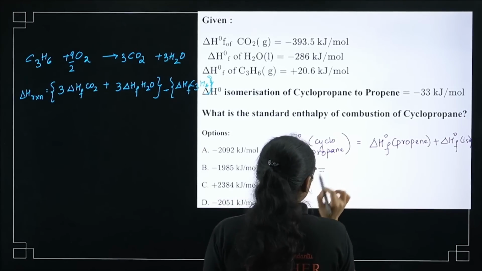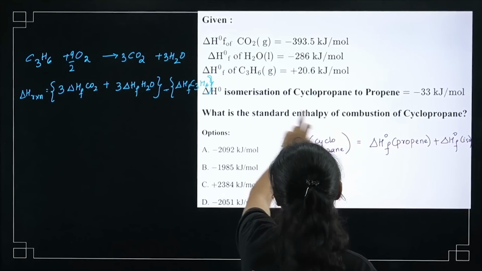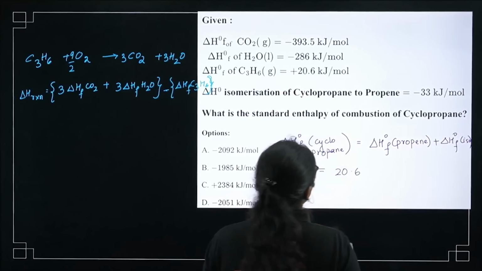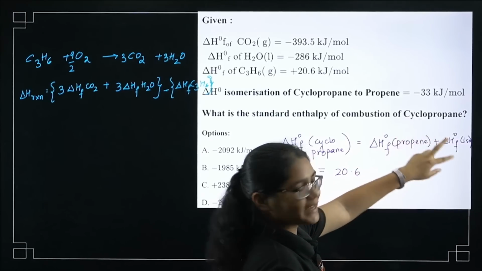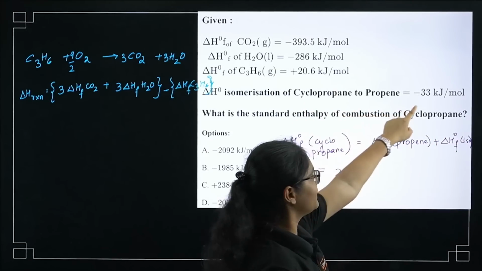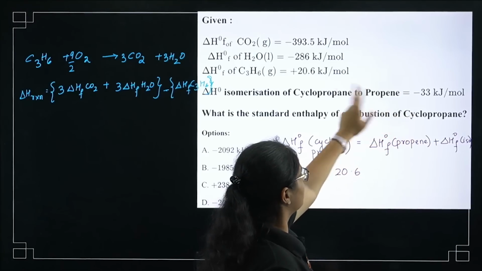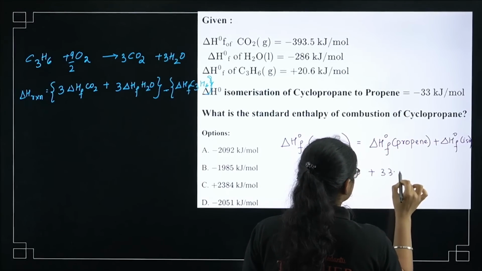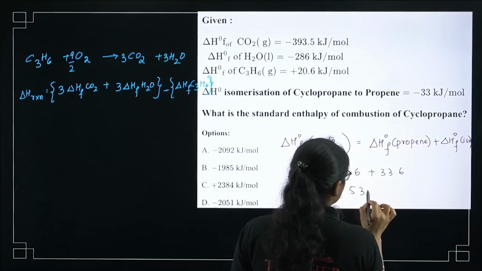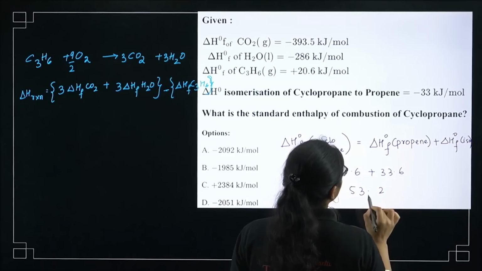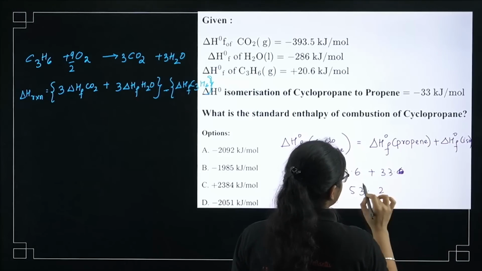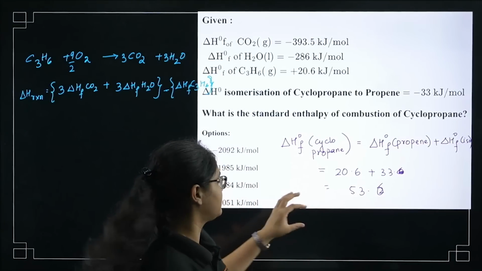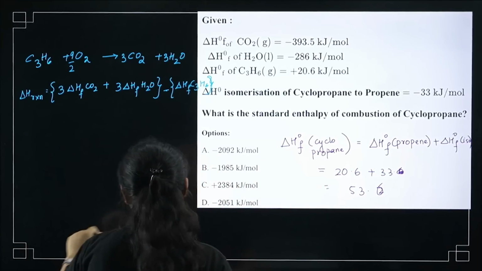The enthalpy of formation of propene is 20.6. Now for propene to cyclopropane: cyclopropane to propane is minus 33, but propene to cyclopropane will be the negative of this, so that is 33. I will get 53.6 as the enthalpy of formation of cyclopropane.